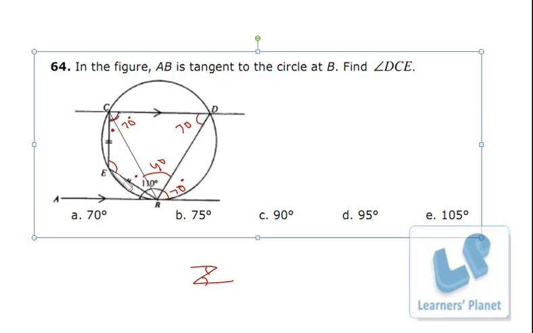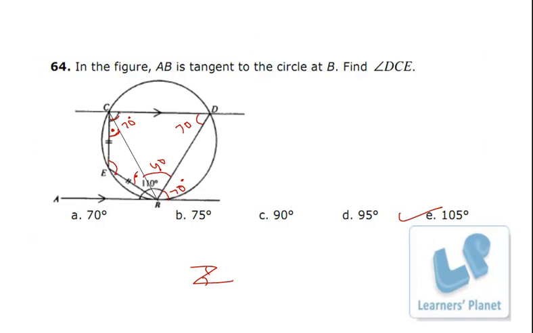So it is 110, and we are left with 70. So this must be 35, this must be 35. Now DCE is 35 plus 70, that is 105. Okay, pretty simple. I hope you are clear, though we don't need this 40, but it's okay.